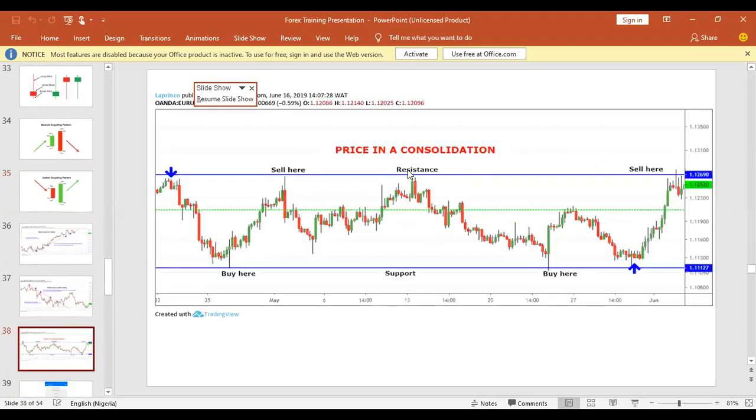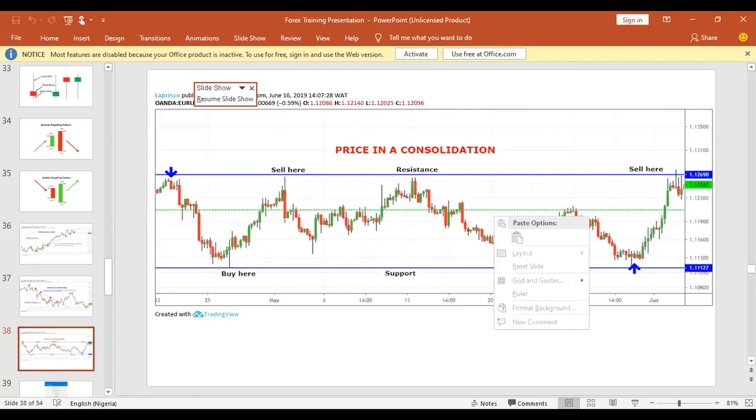It is called price in consolidation. When you see price in a consolidation mode like this, the market is not going anywhere. It's going up and down, up and down. It's called consolidation or a ranging market. And you can actually make money from a ranging market, because at that time you see people buying from the bottom and selling from the top.